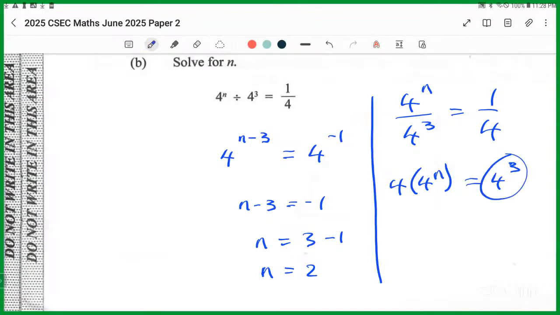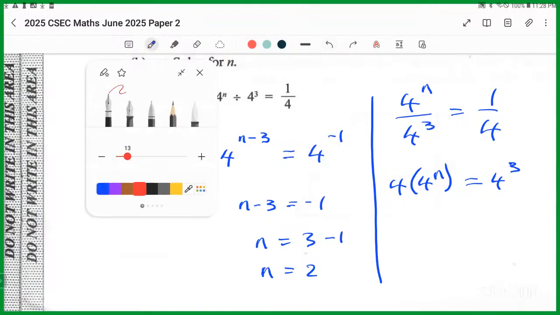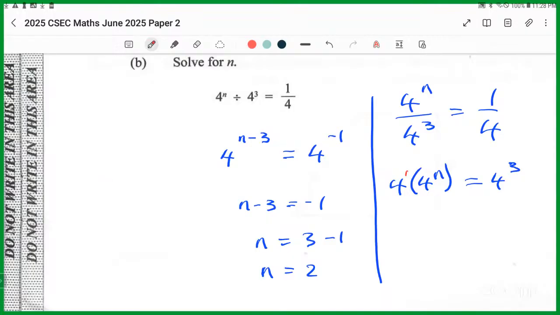I've done it that way as well and worked out that actual value, but anyway, keeping it as an indices question. So this 4 is the same as 4 to the 1. Right here now, we are multiplying 4 to the 1 times 4 to the n. So you're going to be adding these two powers. So it becomes 4 to the 1 plus n equals 4 cubed. Come back to the same thing.